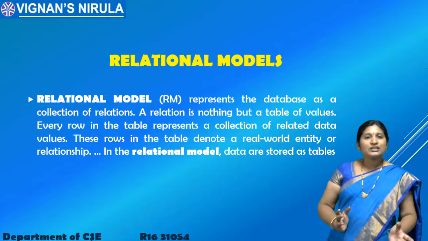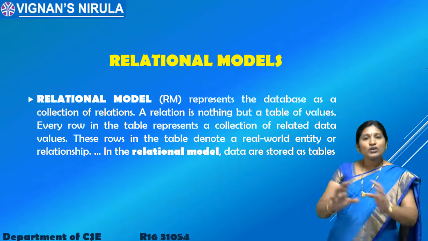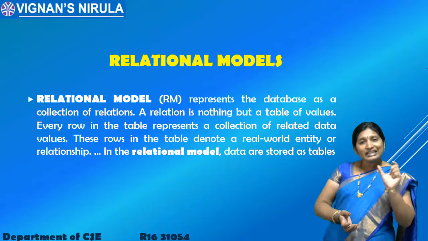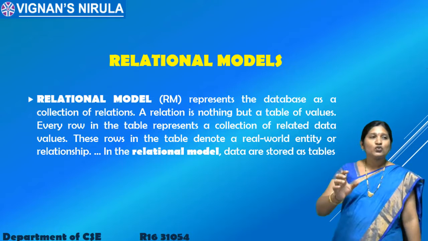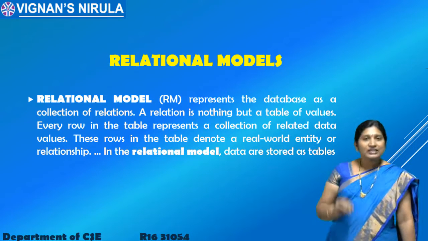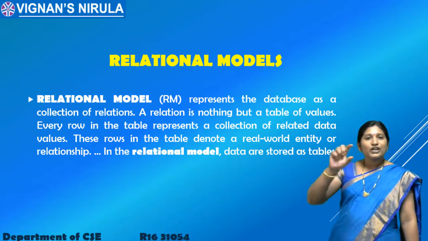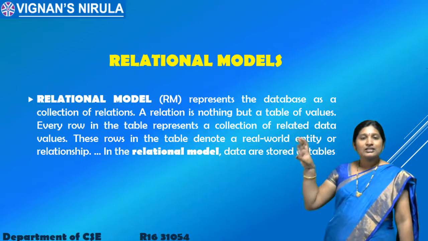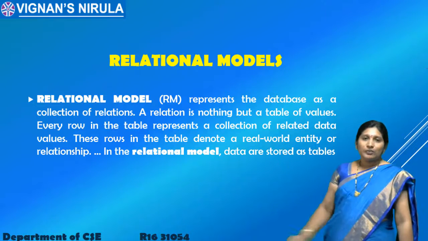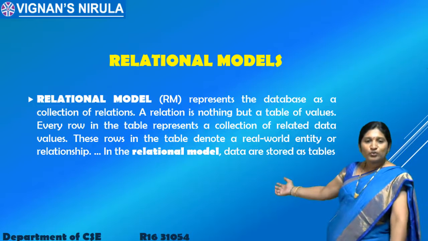A table is nothing but a collection of rows and columns. Among the database, whatever entities appear in the database, each and every entity is represented as a row in a database table. Whatever the attributes of an entity are, those attributes are represented as the columns of a table. So see the example for the relational data model which we are going to cover.